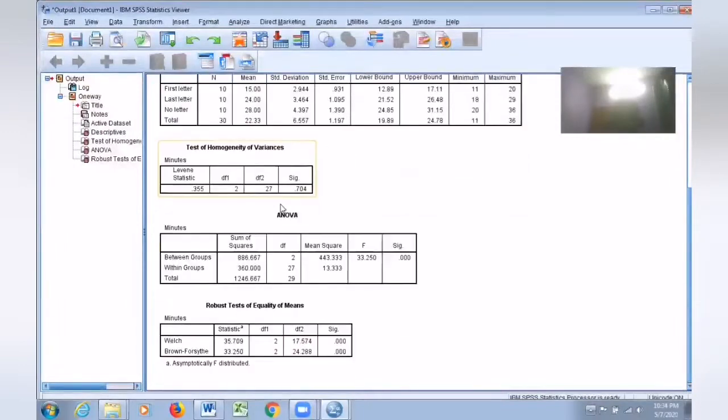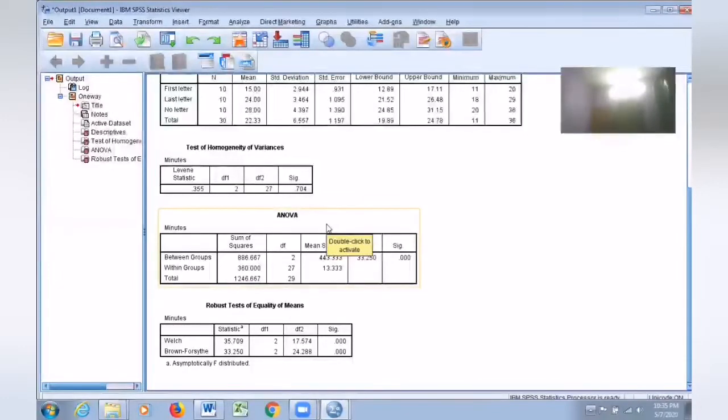You have to see whether this data fulfills this particular condition or not. What is the condition? The groups should have equal variance in respect of the dependent variable. How to check it? You just see the sig value. If the sig value is more than 0.05, it means that homogeneity of variance can be assumed, and you can go and check the result of the ANOVA test.